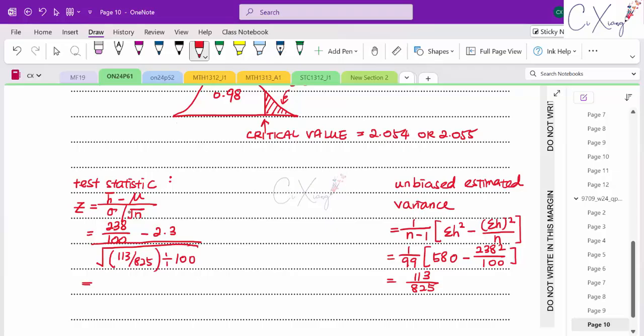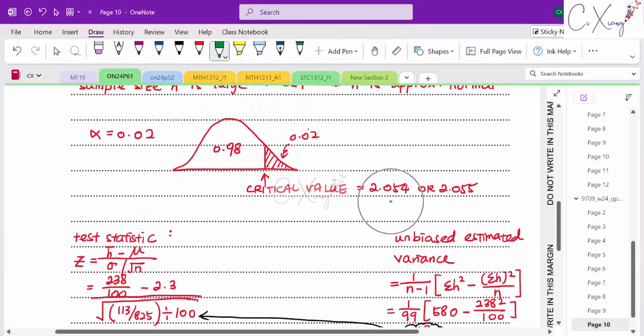Please calculate the value carefully by using a calculator. By right, you should have 2.162 as your test statistic. So you can see that this value is applied in the calculation of your test statistic. After you get the test statistic, please compare it with your diagram just now. 2.162.